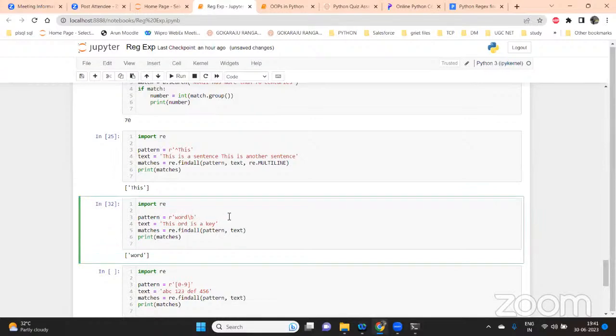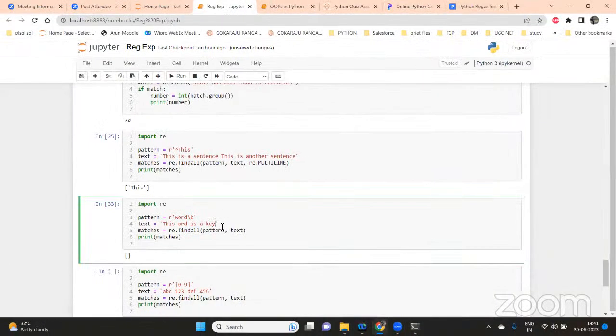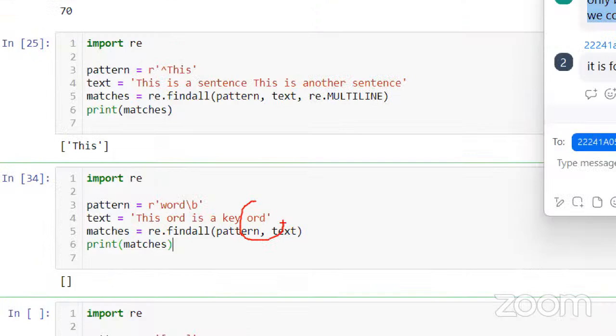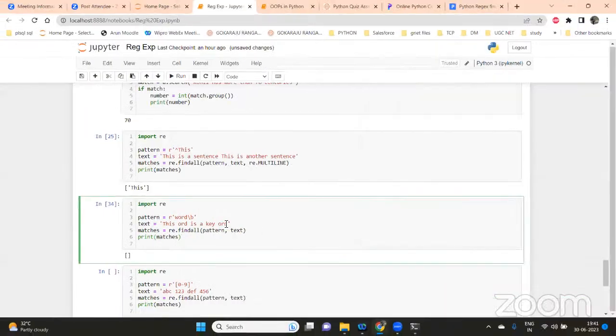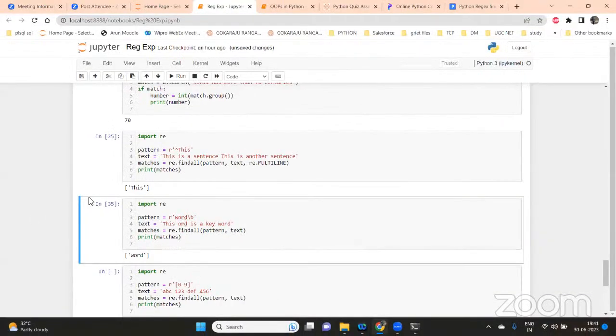Now I'll remove the W. In this case, what is matching, but it has to start with W. Suppose if I add word here, does it work? It won't work because it has to match exactly with the given word. In the end or in the beginning, you can mention that.